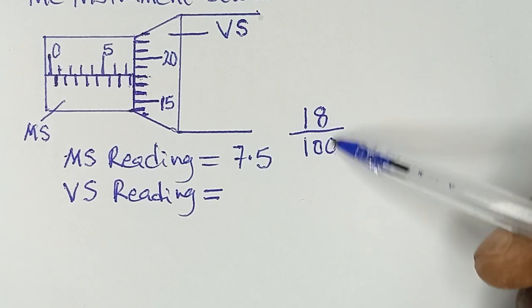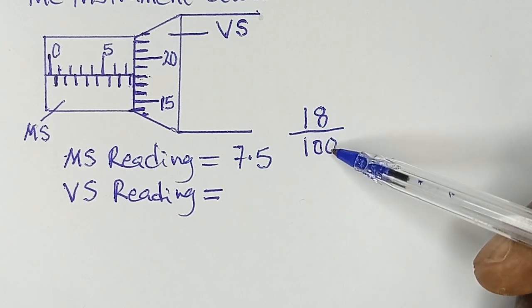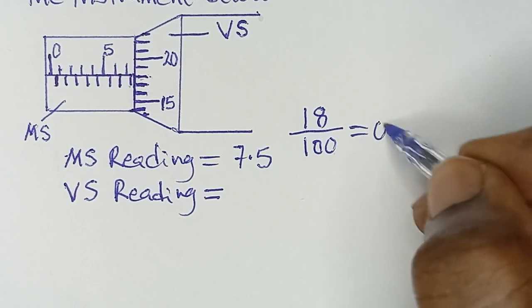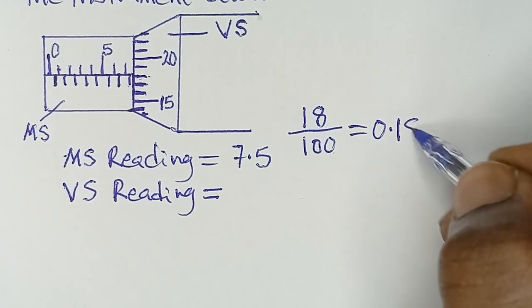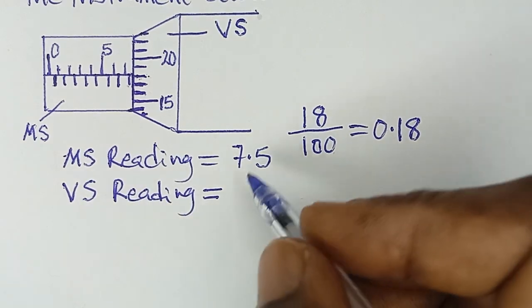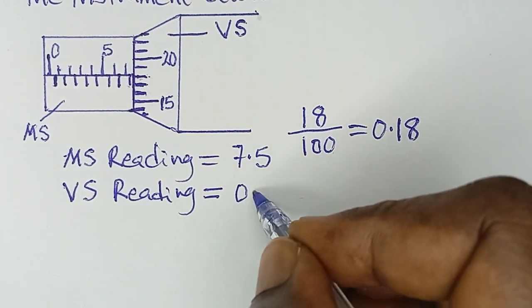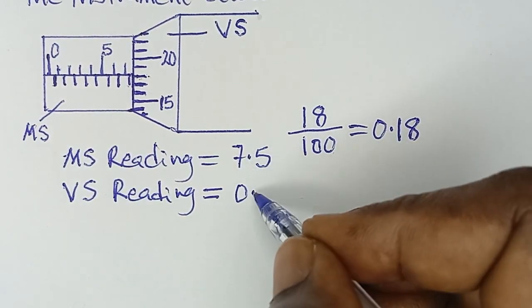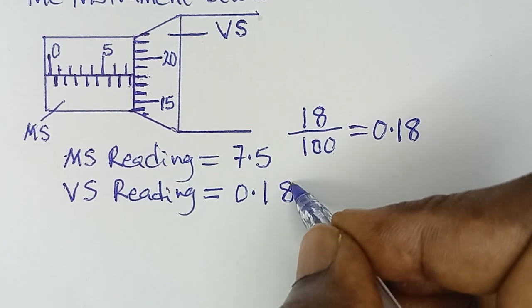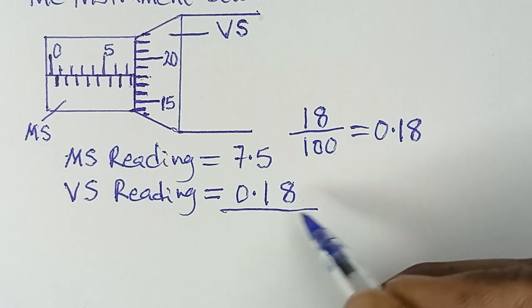So this becomes 18 divided by 100. And 18 divided by 100 is going to give us 0.18. So that means our vernier scale reading is exactly 0.18. Don't forget the points should be under each other. And then we can now add together.